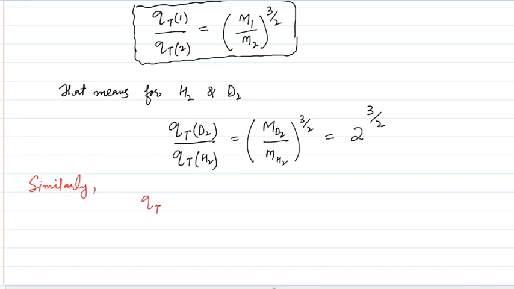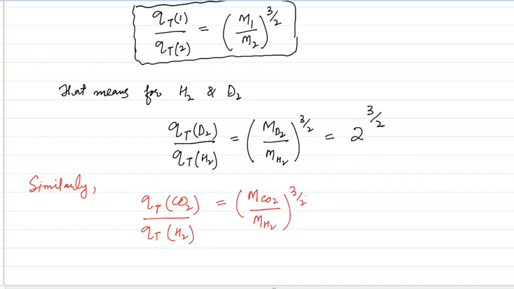Similarly, you can use this relation, for example, if you have to find the translational partition function of carbon dioxide. You will simply use it with respect to hydrogen molecules. So we will simply write the ratio of translational partition function of carbon dioxide to that of hydrogen molecule. It will be simply the ratio of molecular masses raised to power 3 by 2.